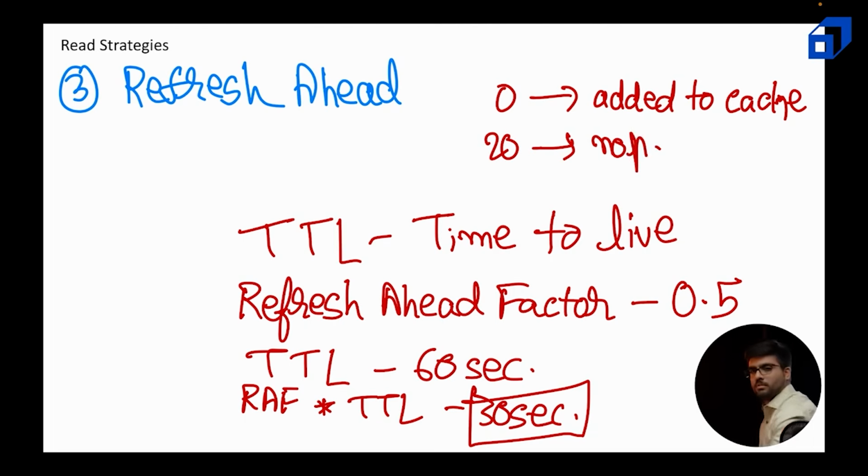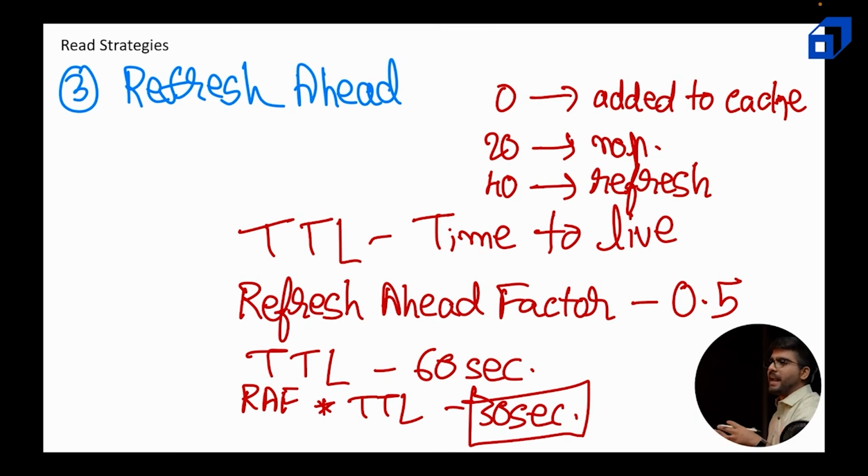No operation. And now on the 40th second, if we access the same thing again, we realize that this is hot data, and since this is closer to expiration, 30 seconds was RAF times TTL and 40 is greater than that, this means that it is closer to its expiry. So we need to refresh this data once again. We obviously don't fetch it again from the database because it would make no sense at all.